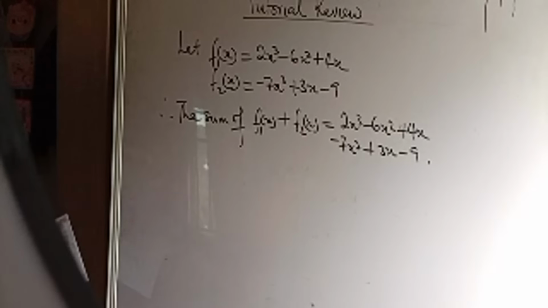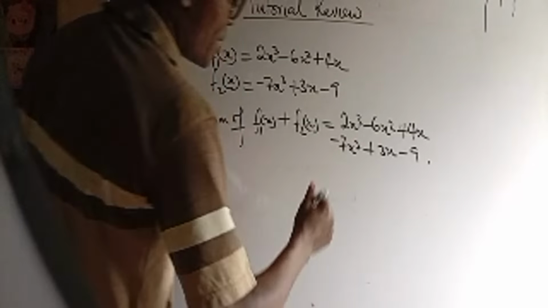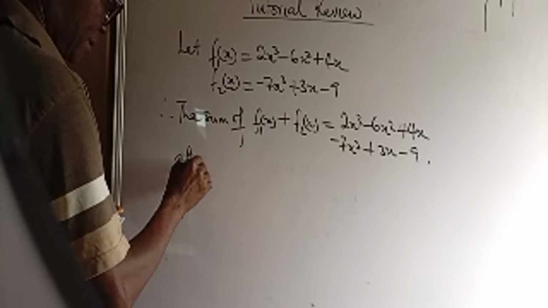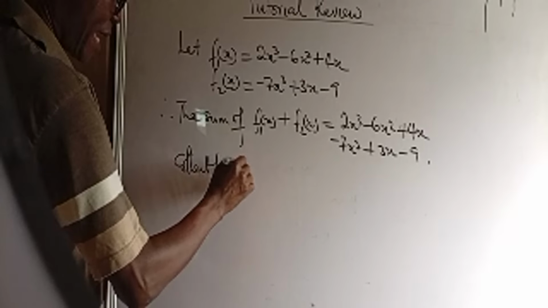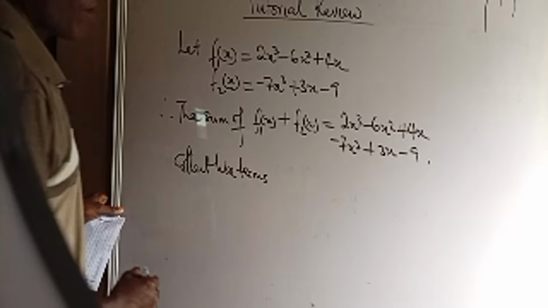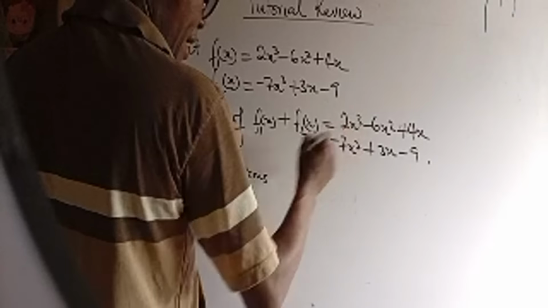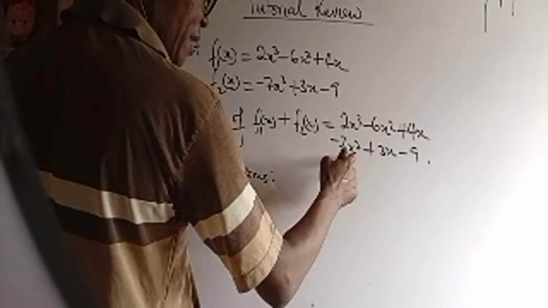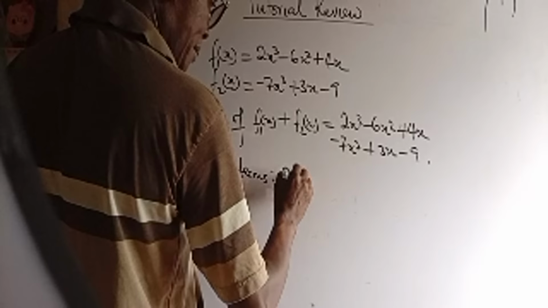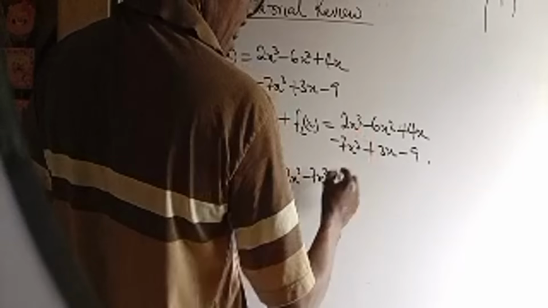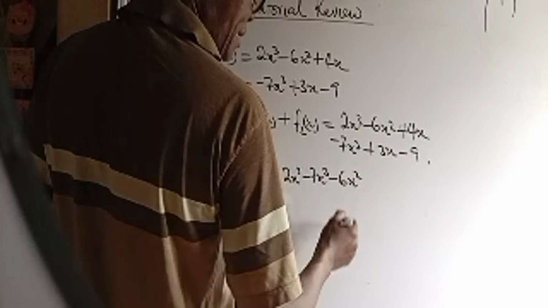Now, let's add them together. We collect like terms. So now we have the like terms: plus 2x cubed minus 7x cubed, yes, minus 6x squared, yes.